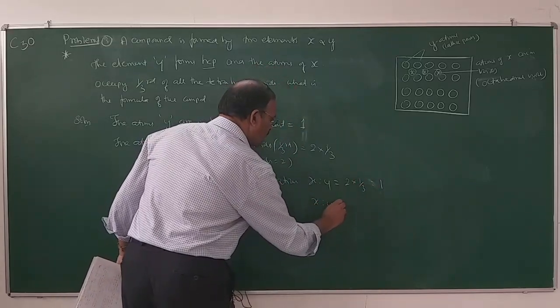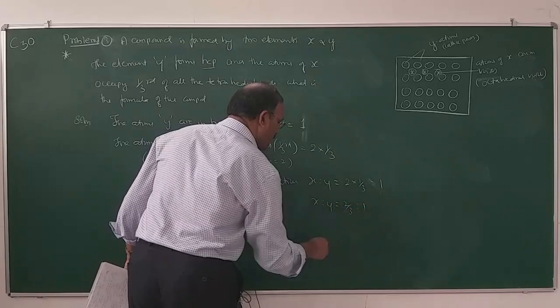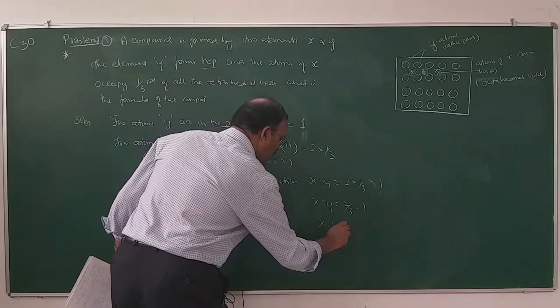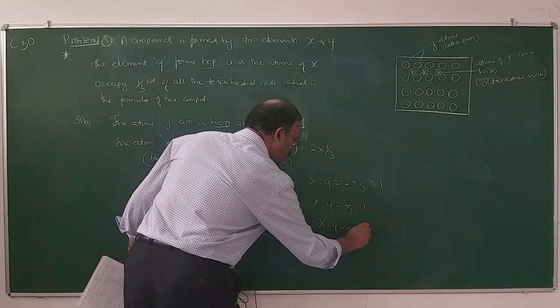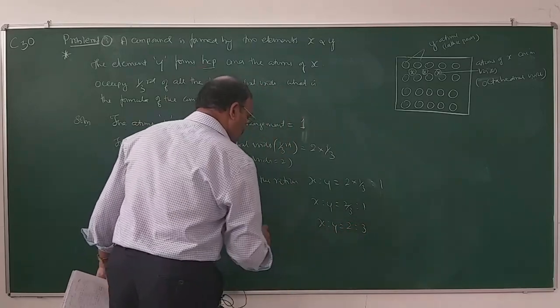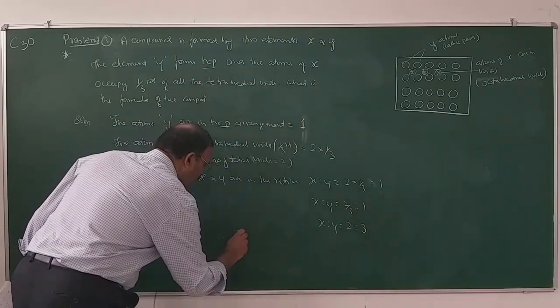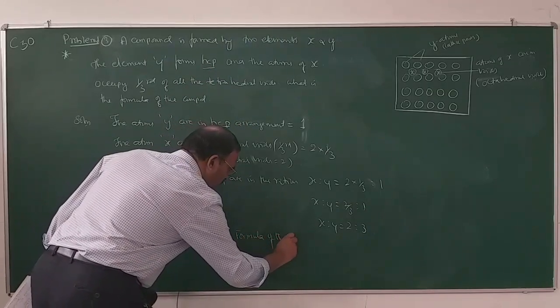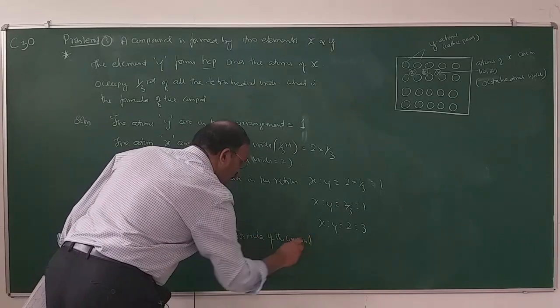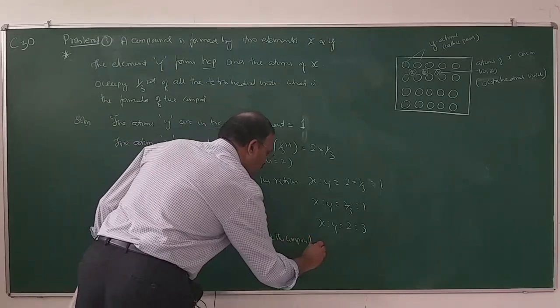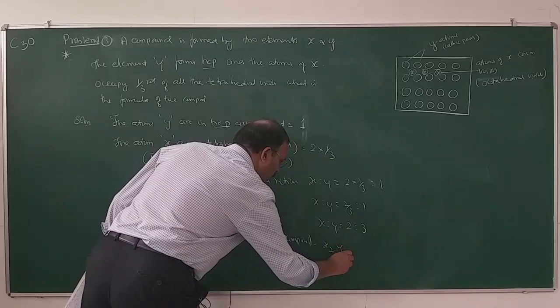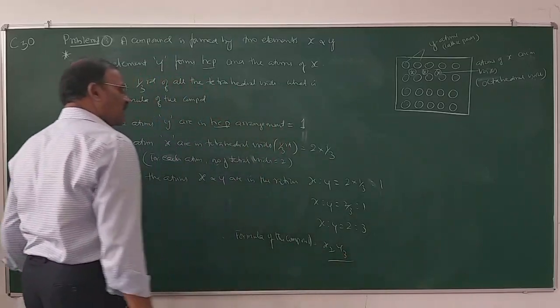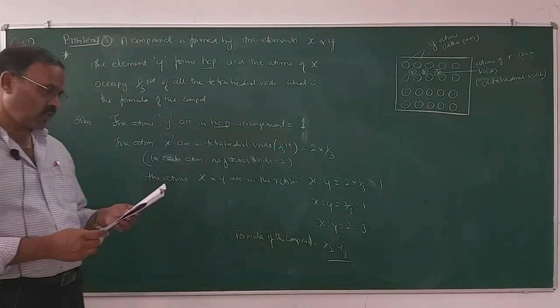X is to Y is equal to 2/3 is to 1, or X is to Y is equal to 2:3. Therefore, the formula of the compound is X2Y3.